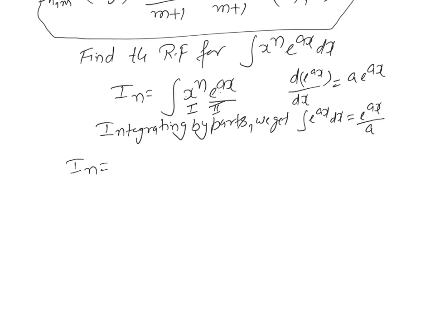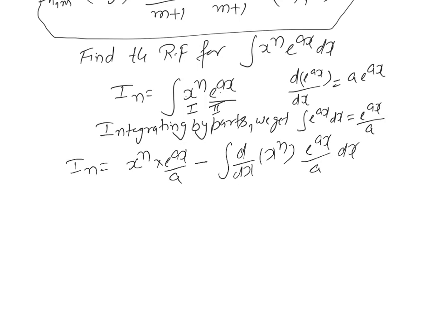I_n is equal to x raised to the power n, e raised to the power ax by a, minus integral dy/dx of x^n, e raised to the power ax by a, dx.